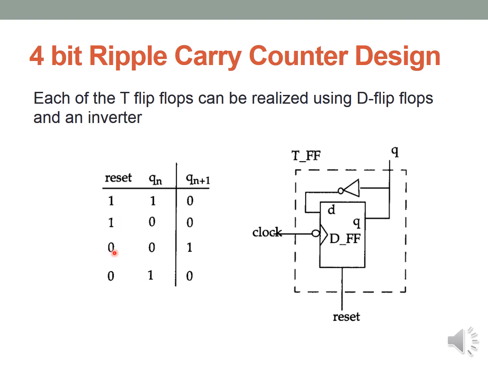When the reset signal is low, whatever the input is gets complemented because of this NOT gate. So if the previous state was 0, the next state is the complement of 0, which is 1. And if the previous state is 1, the next state is the complement of the previous state, which is 0. So a D flip-flop can be used to create a T flip-flop with the help of an inverter.